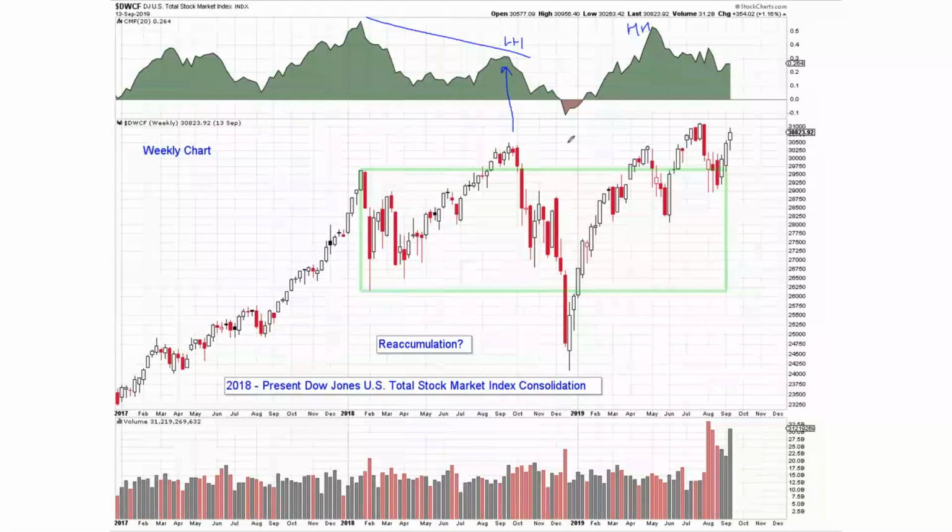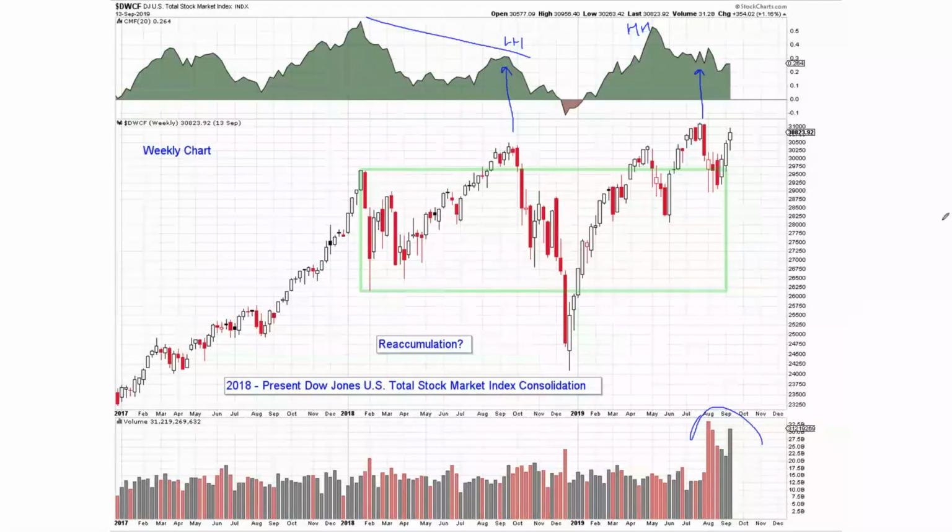But then we're making another higher high back in July, and now look. So again, something doesn't smell just exactly right to me about this market. And if you go down and look at the actual volume bars down below, very, very high. Is this what's going on here?